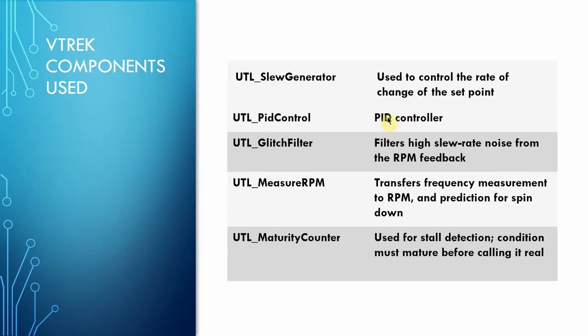We're going to use a glitch filter rather than a low pass filter to filter out high slew rate noise without the filter lag. Measure RPM is going to transfer frequency measurement. This is coming in from the Hall effect sensor. It'll transfer that to RPM, and it also provides predictive spin down. We'll talk about that in a moment. And then the maturity counter is used for stall detection.